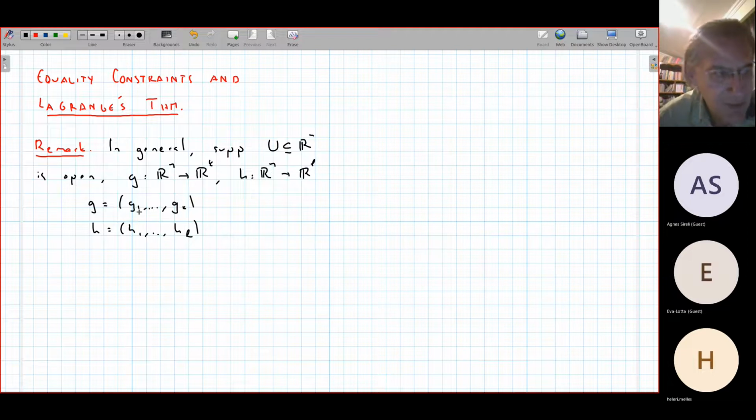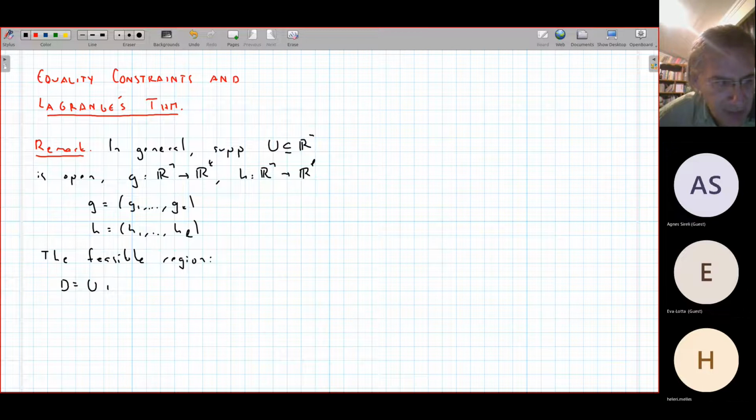And those are the components. We consider a feasible region of the following form. It's a set D, which is U intersected with those vectors satisfying at the same time g of x is equal to 0 and h of x is greater than or equal to 0.